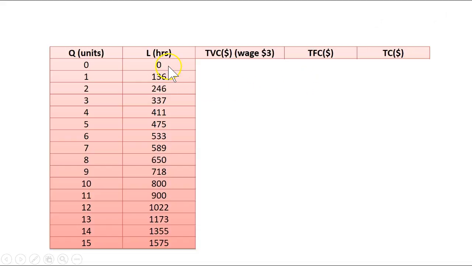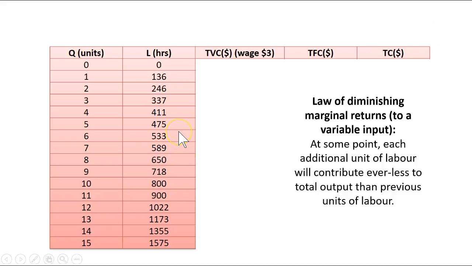And if we look carefully, we can see there's a kind of pattern to the amount of labour employed. In particular, there's a law which governs the amount of labour employed. The law is this. It's called the law of diminishing marginal returns to a variable input. Sometimes it's shortened to just the law of diminishing marginal returns.